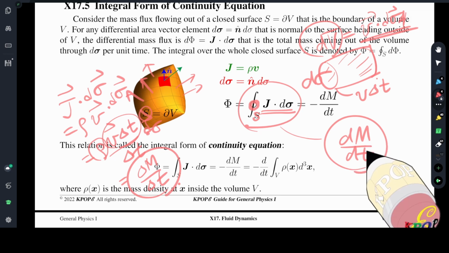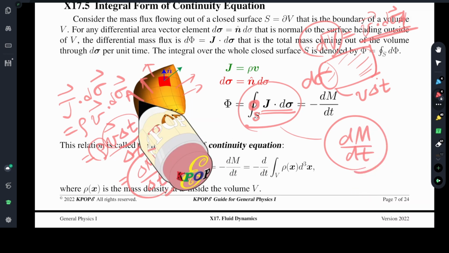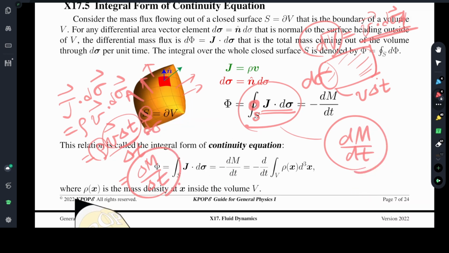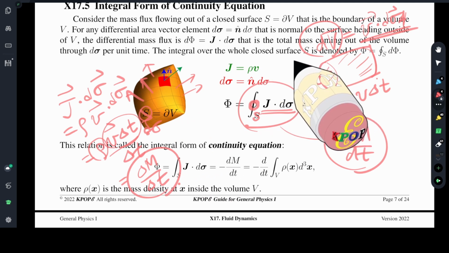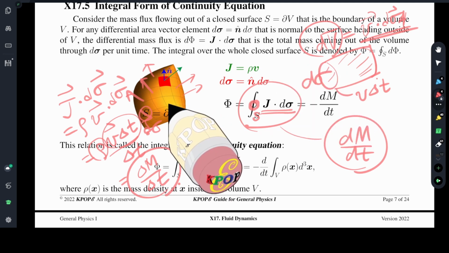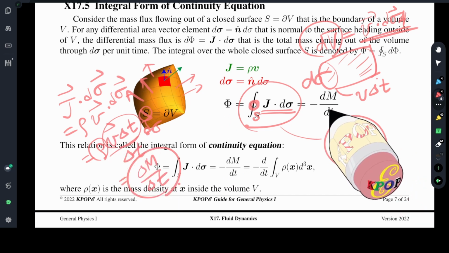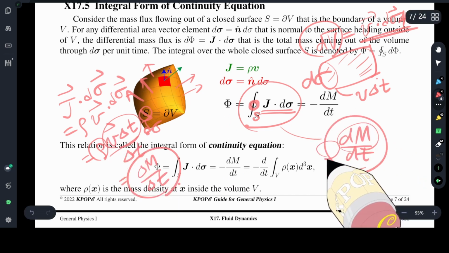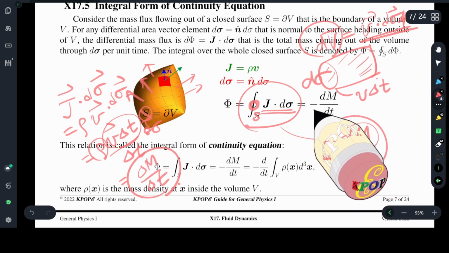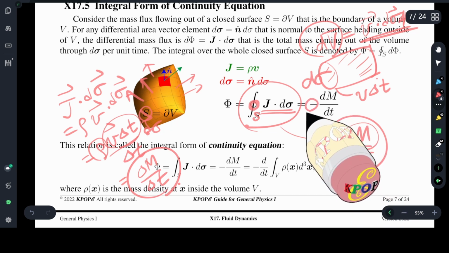How much mass is passing through the surface? But right now, this m indicates the mass inside. Then this is passing through the surface. That means the mass inside is decreasing by exactly the same amount, but in the opposite direction.